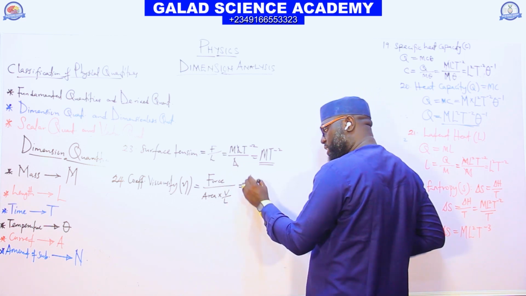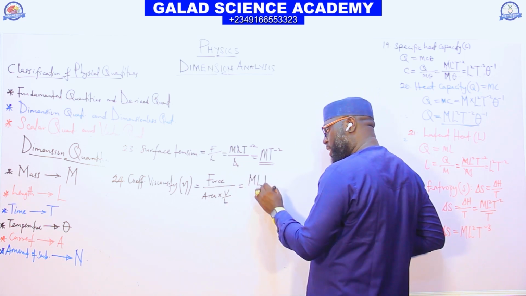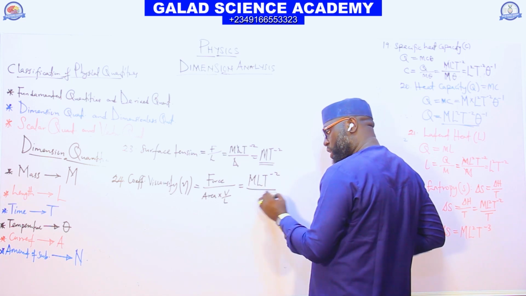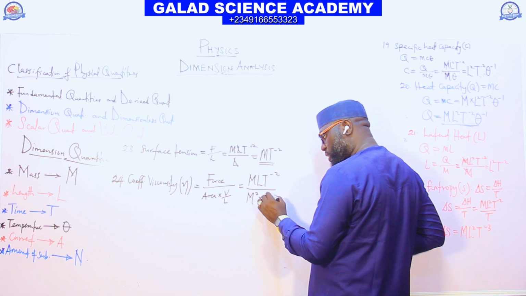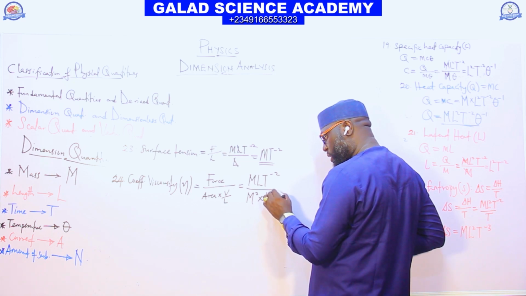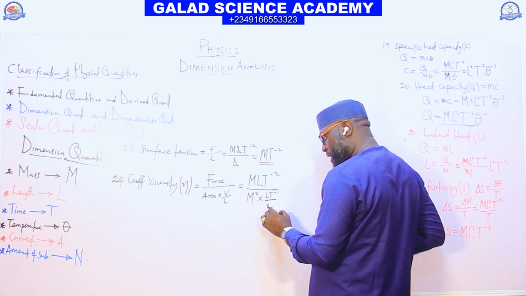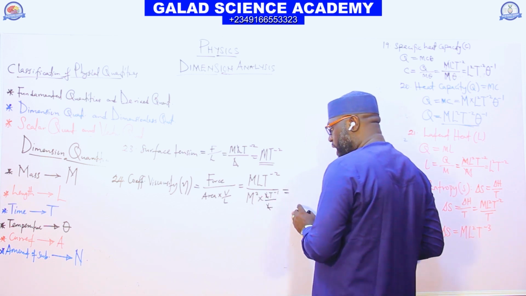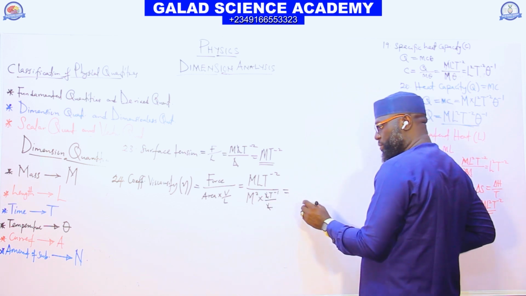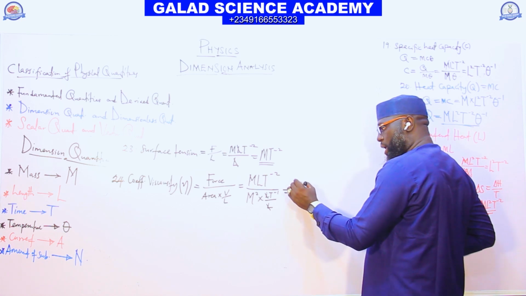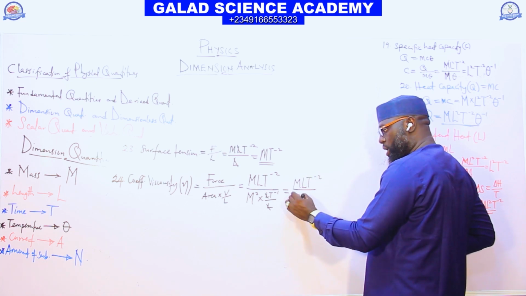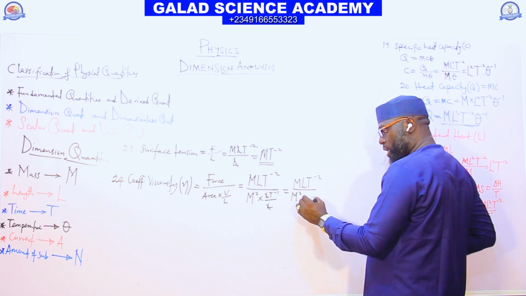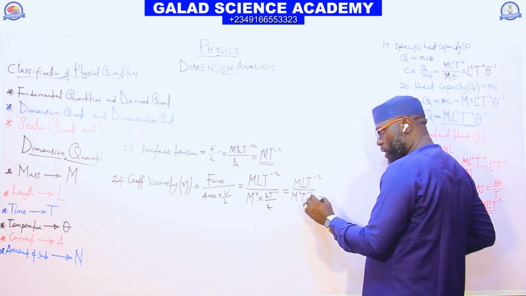The dimension for force is M L T to the minus 2. Area is L squared. Velocity is L T to the minus 1. For length, it is L. This cancels this. You will now be left with M L T to the minus 2 over L squared T to the minus 1.